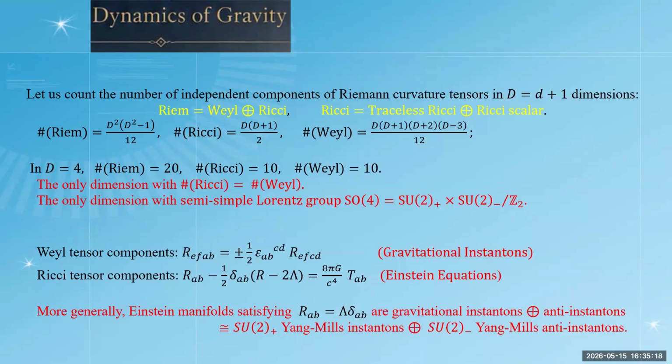But as I mentioned, if you use the gauge theory formulation of this object, then the self-duality may actually be a Yang-Mills instanton, because a spin connection can be regarded as a gauge field of a Lorentz group. Then this object in the gauge theory language is a Yang-Mills instanton. So we have two kinds of Yang-Mills instanton: SU(2) plus belongs to this group, and the SU(2) minus instanton is the anti-instanton. They have opposite self-duality structure.